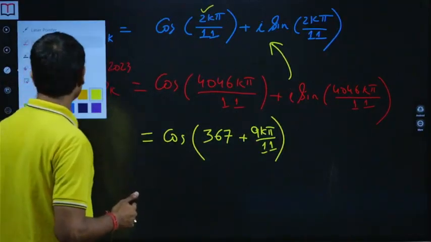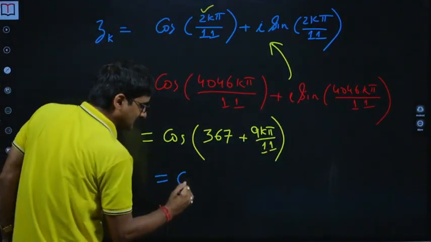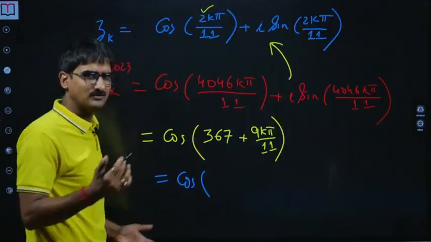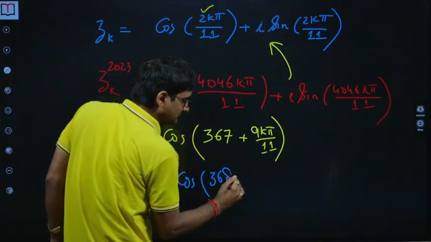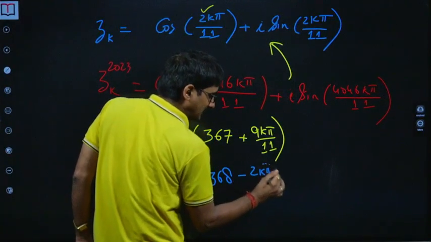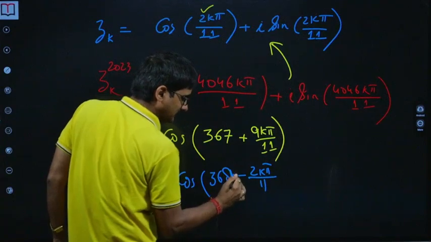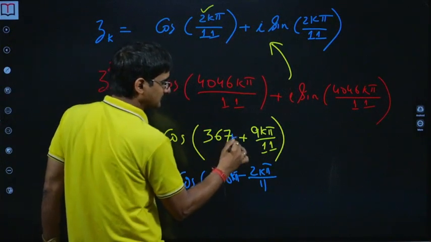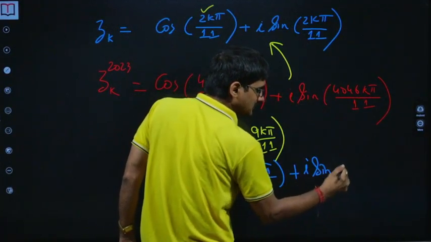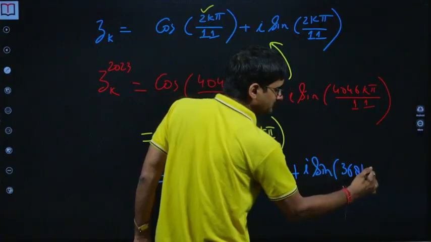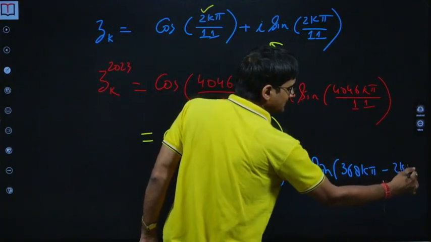But again, luckily here, we can always manage. I will write it as cos of 368 k pi minus 2k pi by 11. All of you agree, I believe, and this is of course k pi here also, isn't that? So plus iota sine of 368 k pi minus 2k pi by 11.